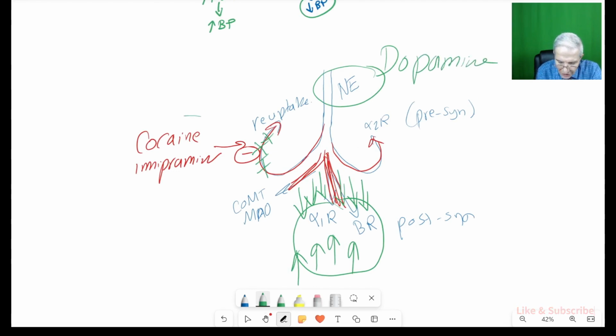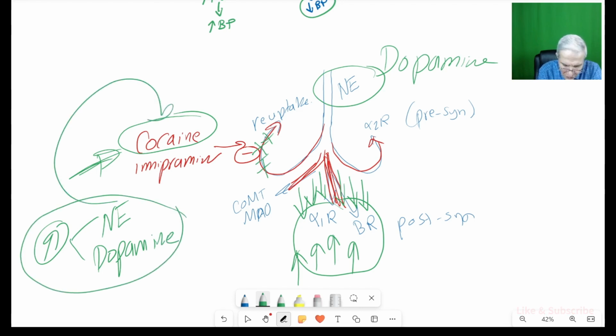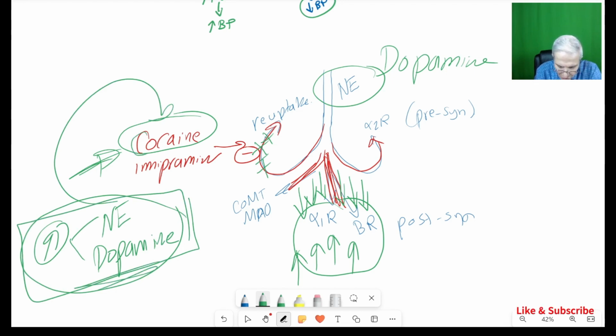Okay, so when you take cocaine as an illegal substance, cocaine will increase or enhance both norepinephrine and dopamine. Therefore our body will rely on this substance to enhance these two mediators, so we depend on it and this creates addiction.